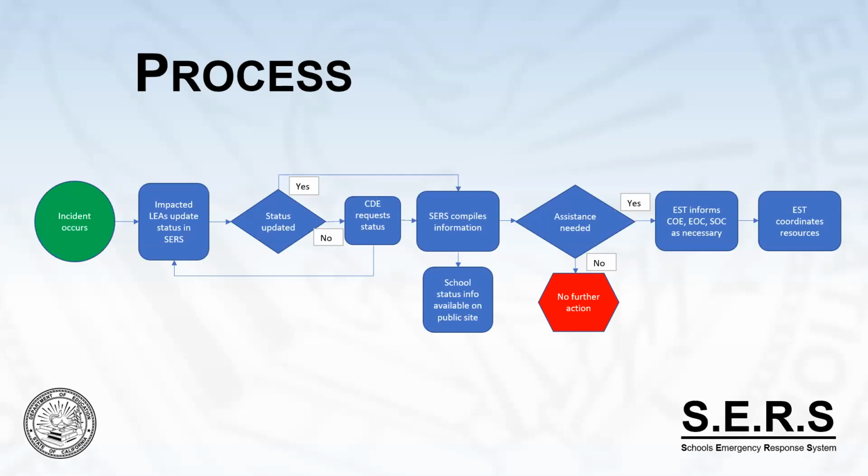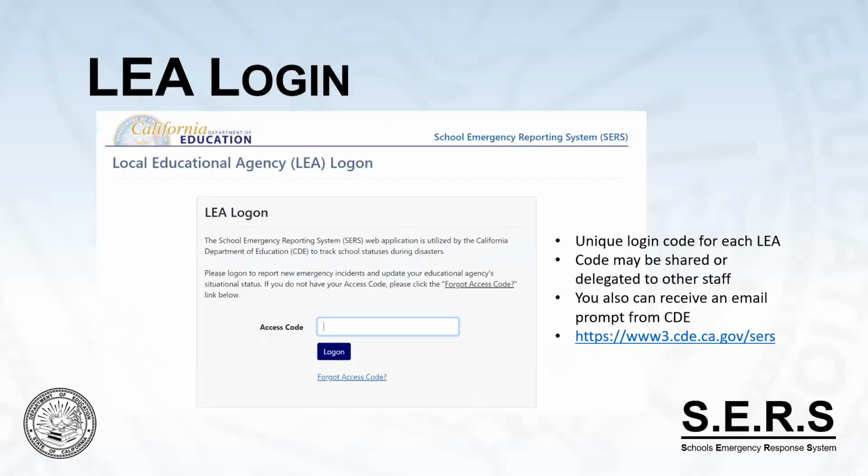If assistance is needed, the EST will work with the appropriate level of government to ensure that those needs are met. So if an LEA does not self-report, CDE does check to see which schools are in possible impacted zones, and we'll reach out to those schools through SERS, and you'll be able to report that way.